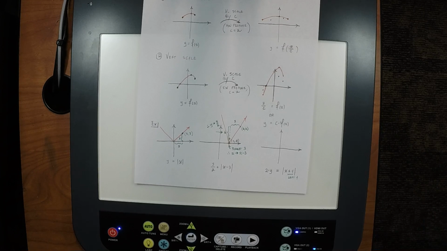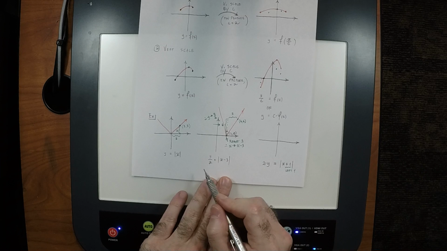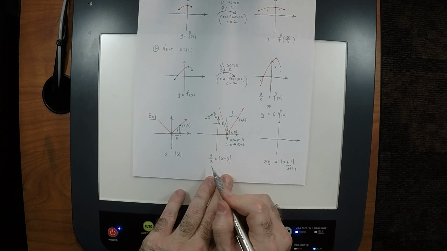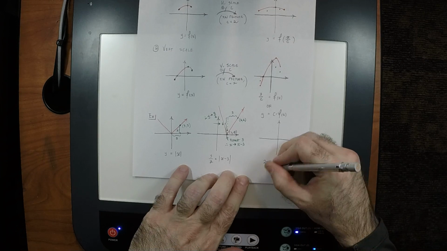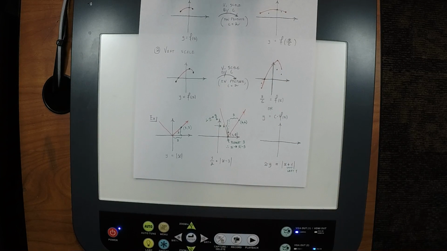Okay, so alternatively, if you wanted to view it like that, if you're comfortable enough in saying that that means the object is twice as tall, then instead of multiplying by 2, what can I divide by? Multiplying by 2 is the same as dividing by half.